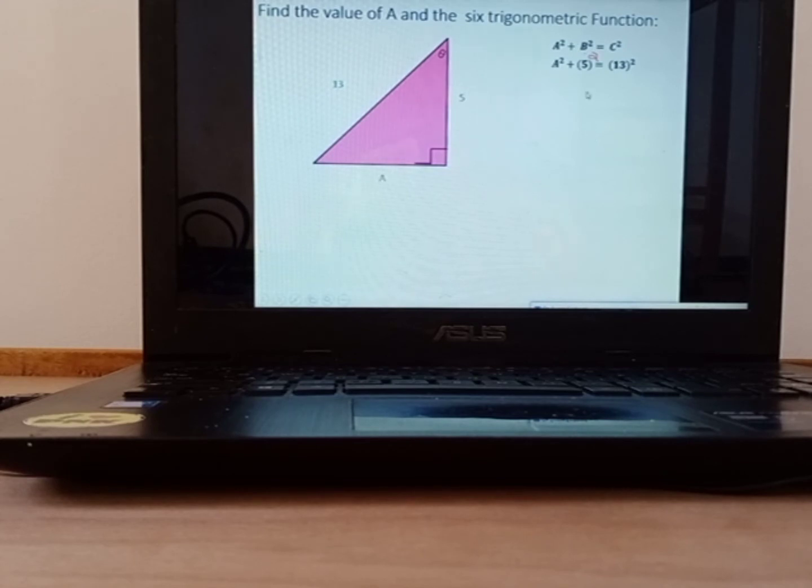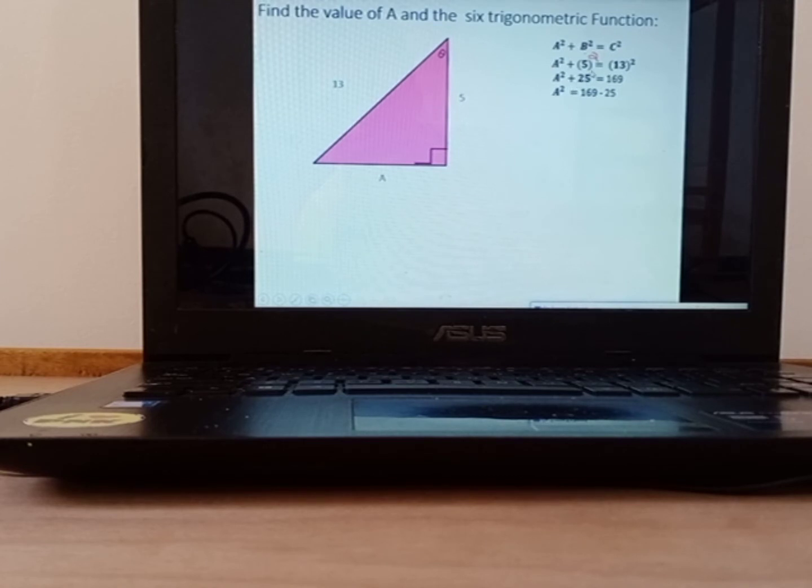Okay, so let's continue. We have A, which is our missing, plus the square of 5, which is 25, and the square of 13 is 169. Our goal, class, is to get the value of A. Therefore, we will have to transpose the 25 to the right side.